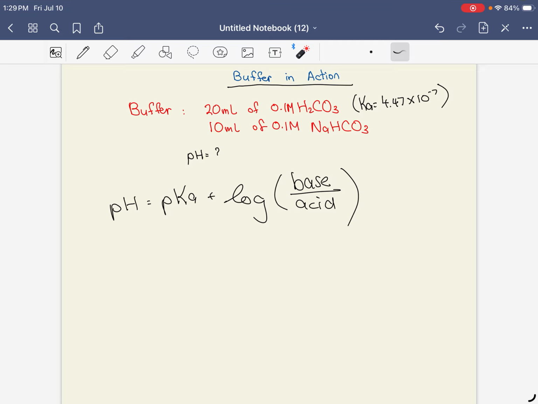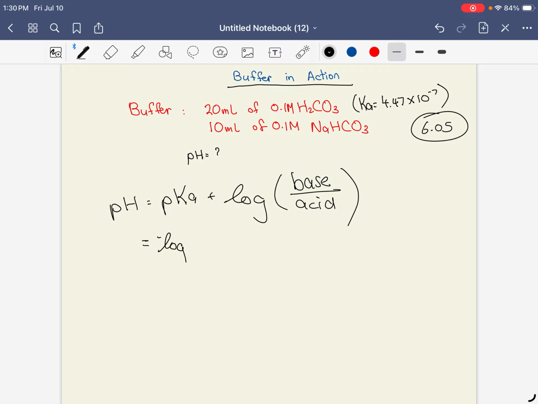So you can have these as molarity, or you can just use moles. I like to use moles; it makes more sense than putting molarity, but I'll do both. I'll do moles. Hopefully you remember what that answer was. I think the answer was 6.05, so let's see if we still get 6.05 as our pH. So let's go. pH is equal to pKa.